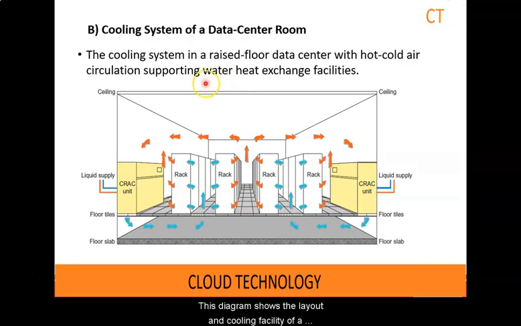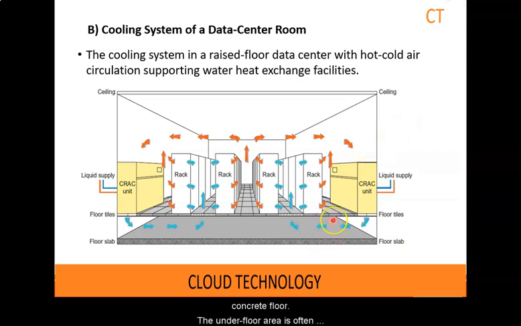This diagram shows the layout and cooling facility of a warehouse in a data center. The data center room has raised floors for guiding cables, power lines, and cooling supplies. The cooling system is somewhat simpler than the power system. The raised floor has a steel grid resting on stanchions about 2 to 4 feet above the concrete floor.